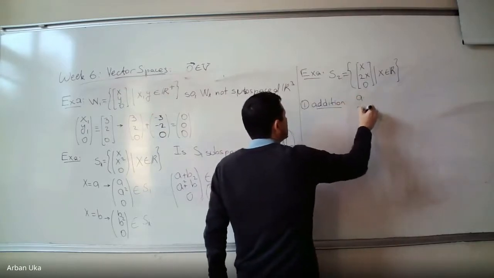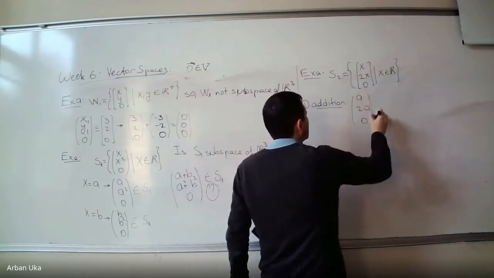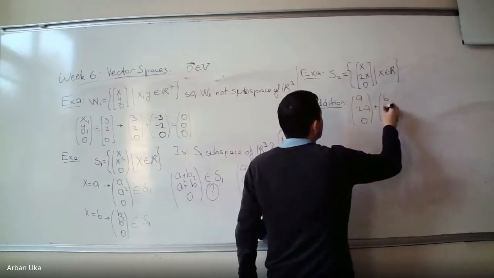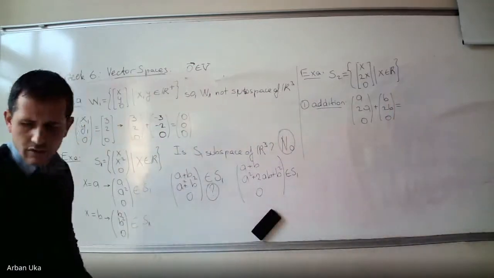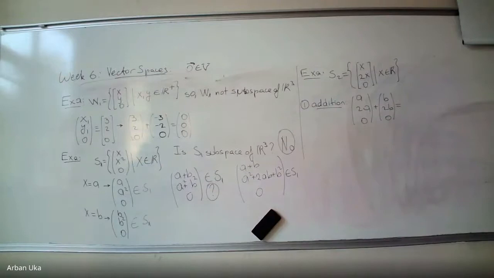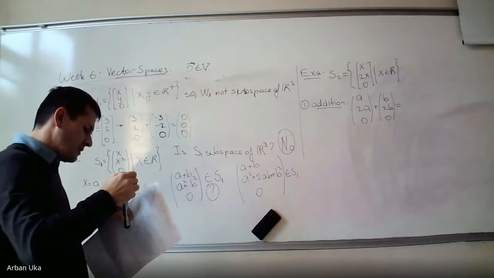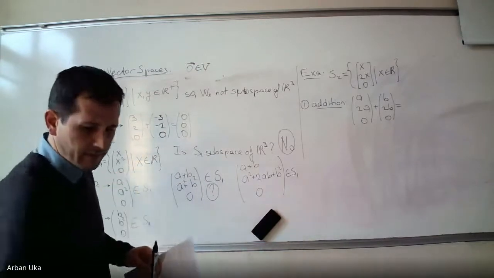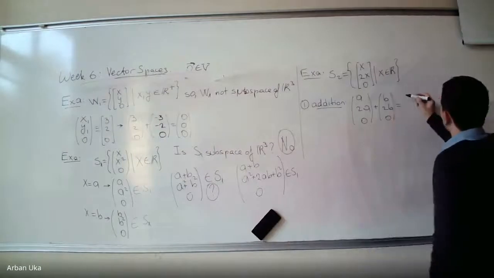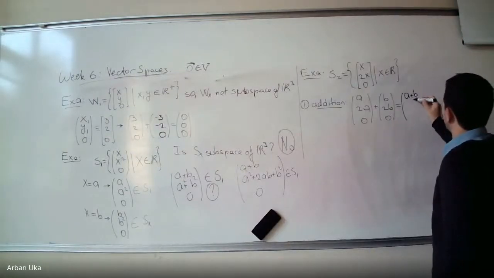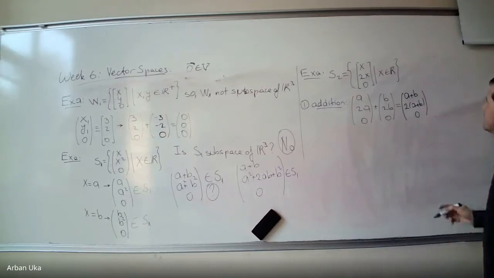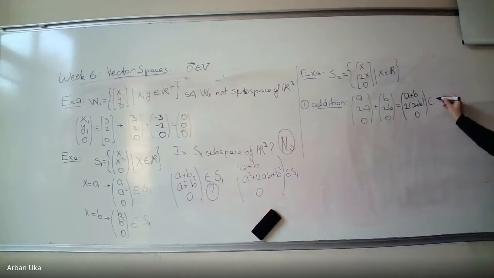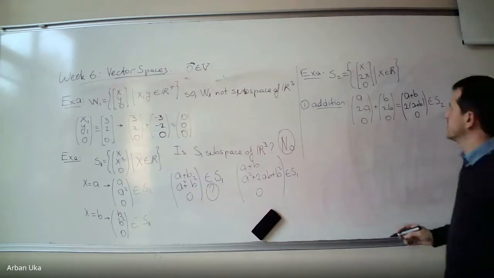We can set a, 2a, and 0 plus b, 2b, and 0. The answer is a plus b, 2 times a plus b, and 0. So is this an element of this space? Yes. So the first one is satisfied.